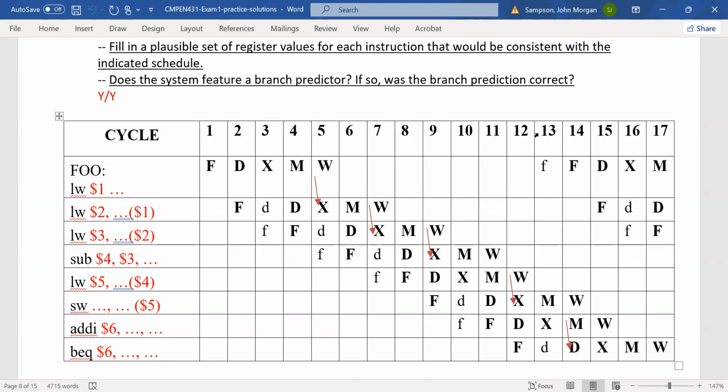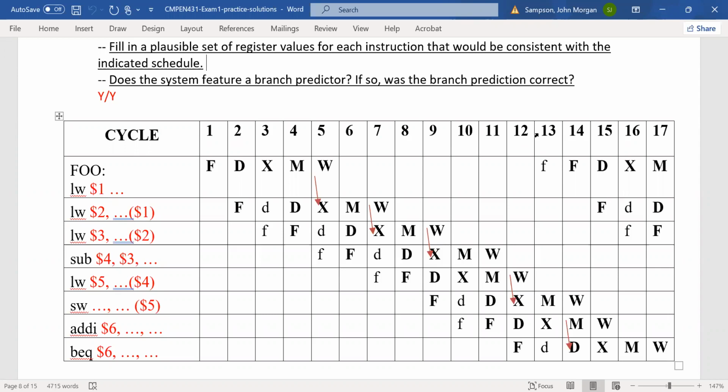This is when I correctly figure out which way I did or did not branch, when D completes. So if I didn't have a branch predictor, I can't possibly have predicted that I would go backwards. I'd have to go forwards. And I could not actually initiate that fetch until cycle 15. So clearly, there is a branch predictor, because I started fetching for this location before I knew that I needed to do so.